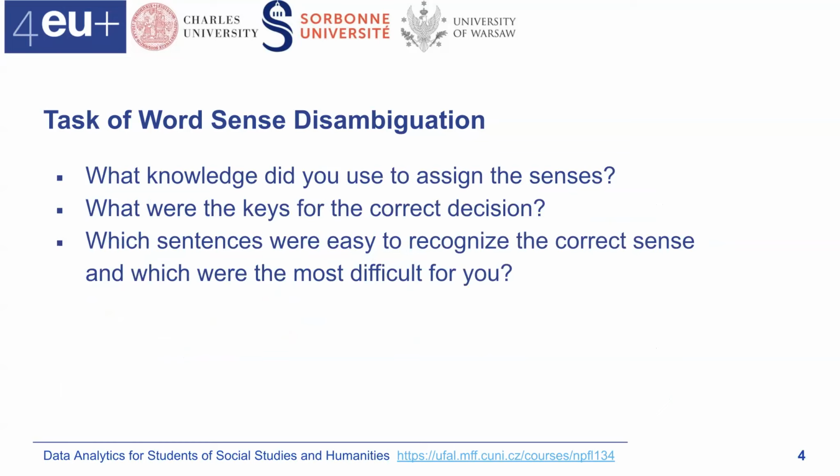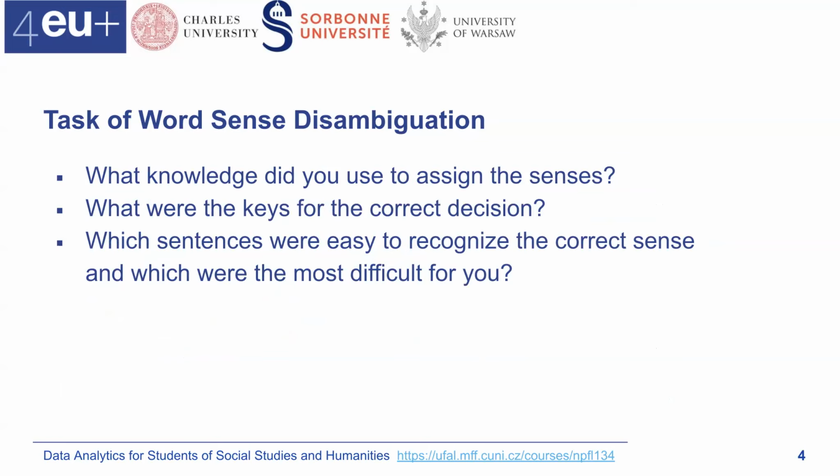If you think about this task, what you actually did when you paired sentences or word occurrences with a sense, we can ask questions like, what knowledge do we use to assign the senses? What are the keys for the correct decision?